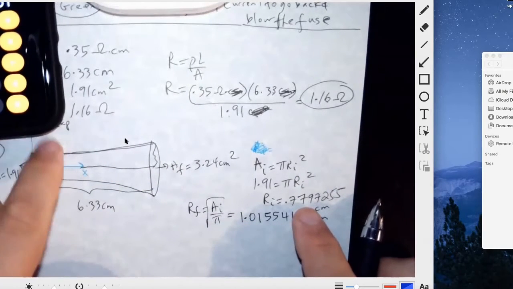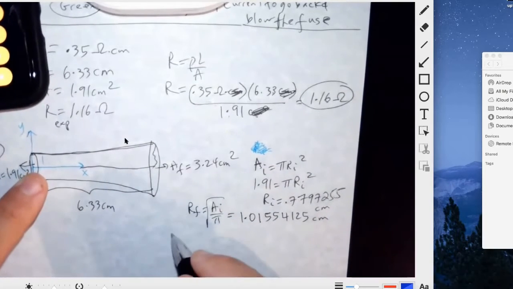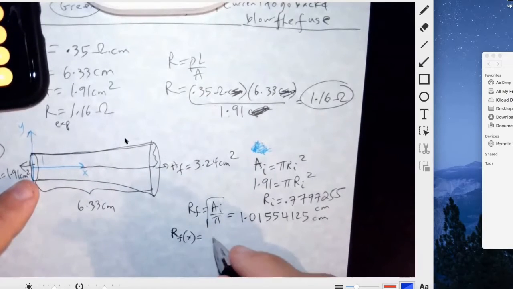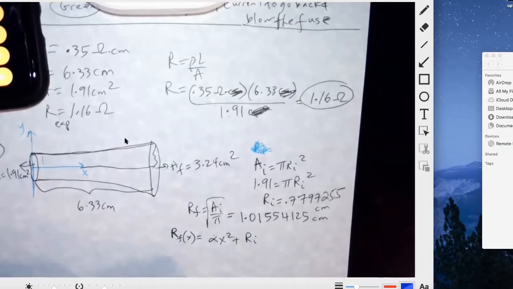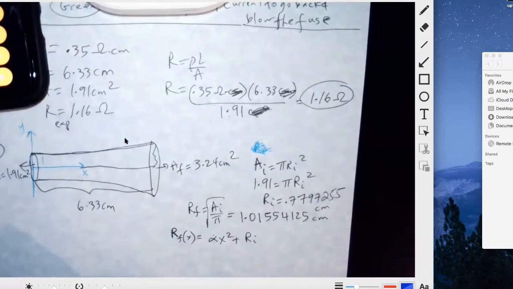So how is the radius getting larger? We can have some kind of function. r final as a function of x is, let's say, alpha x squared plus r initial. So it's like growing like a square function. You see. So the r initial is your 0.77.